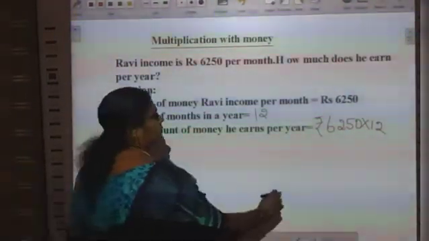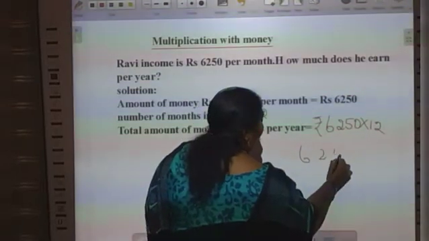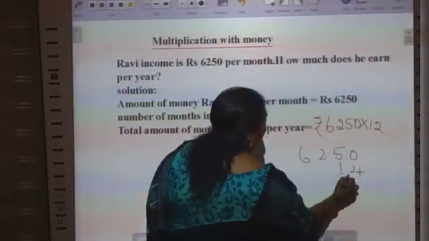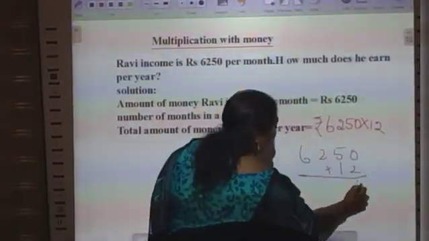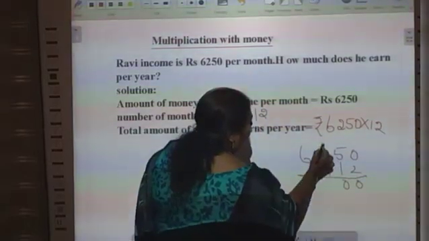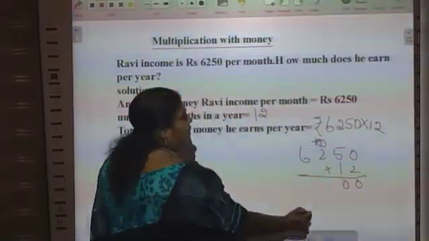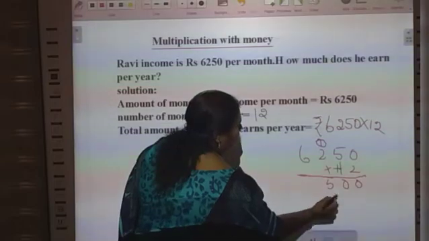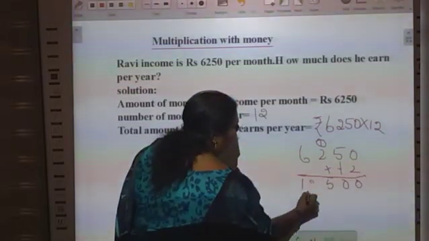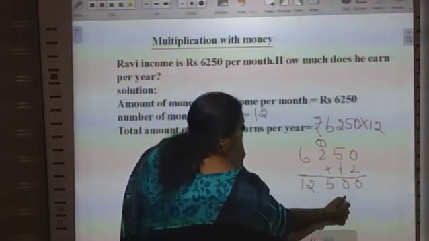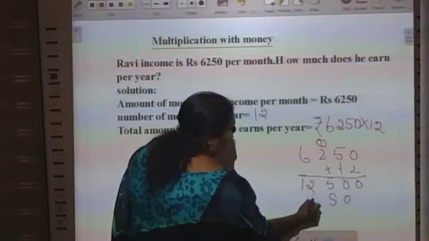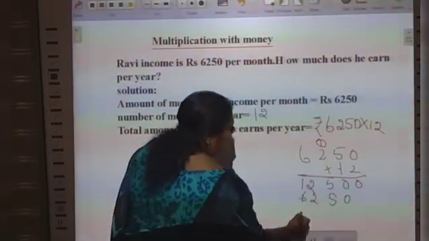Yes, 6,250 into 12. 0, 5 2s are 10, 1 carry over, then 2 2s are 4, 4 plus 1, 5. 2 times 6 are 12. 1 0 is 0, 5, 1 2 is 2, 1 6 is 6.